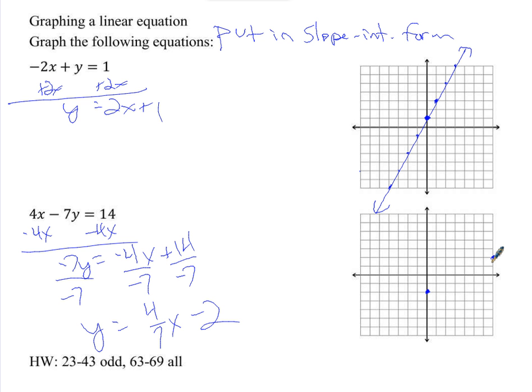Reverse it. Instead of going up 4, I can go down 4. 1, 2, 3, 4, and over 7 to the left. 1, 2, 3, 4, 7 to the left. Now I have two dots that are farther apart, and I can draw that line in there. Very accurately, hopefully. Draw the line all the way through the grid with arrowheads, and you're done.